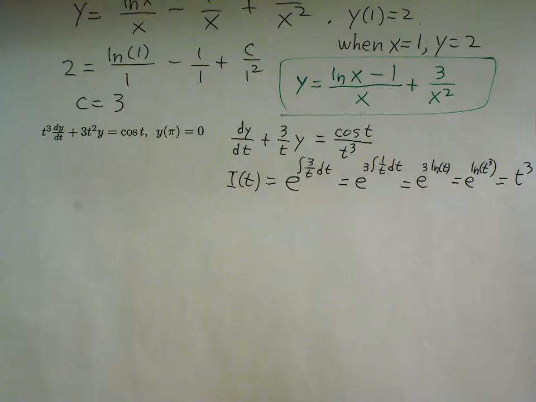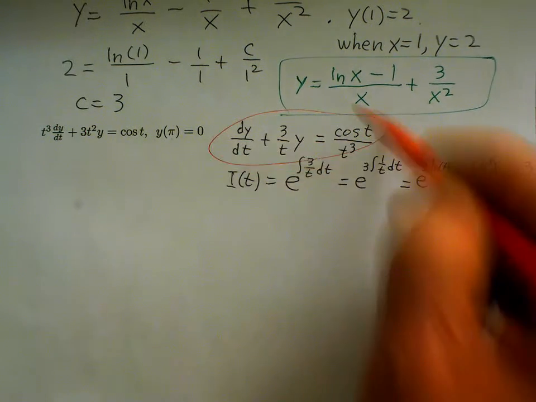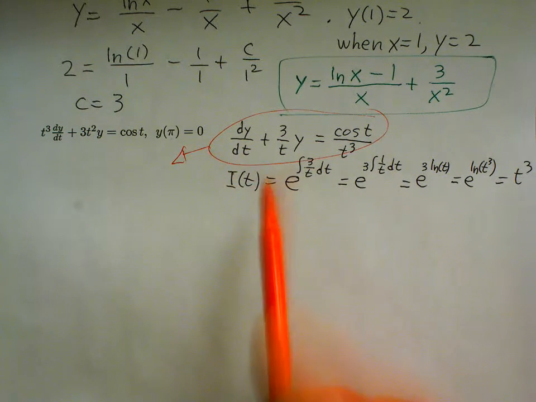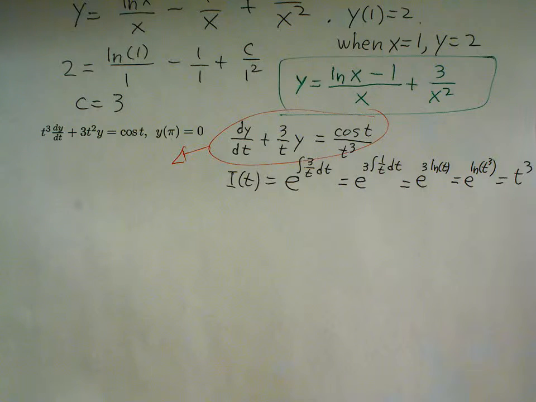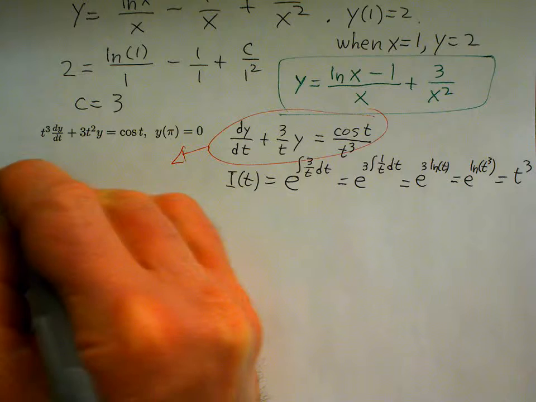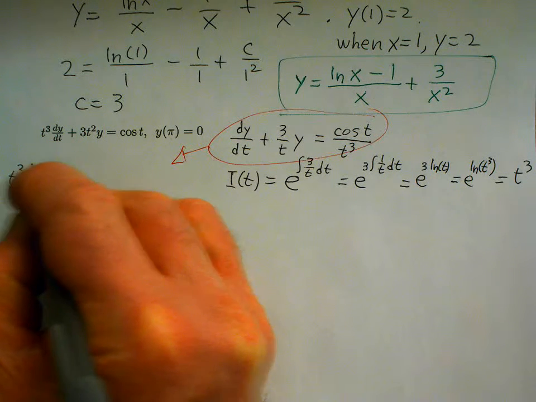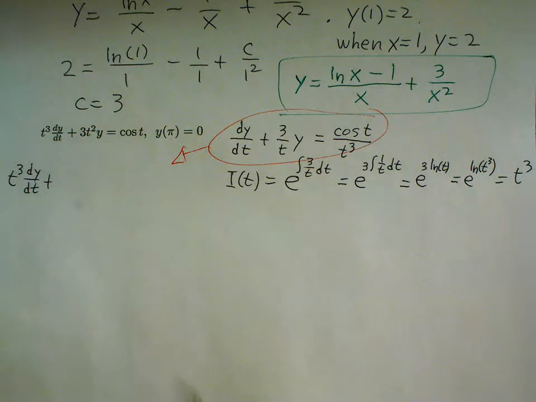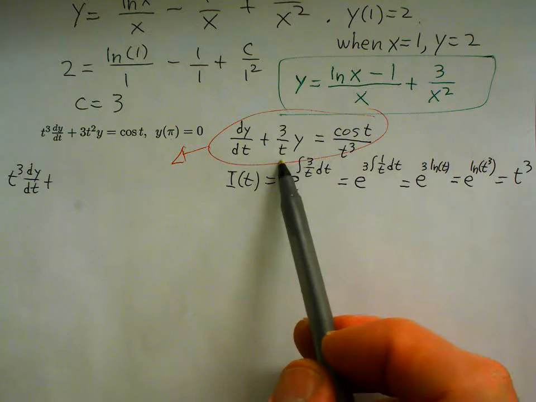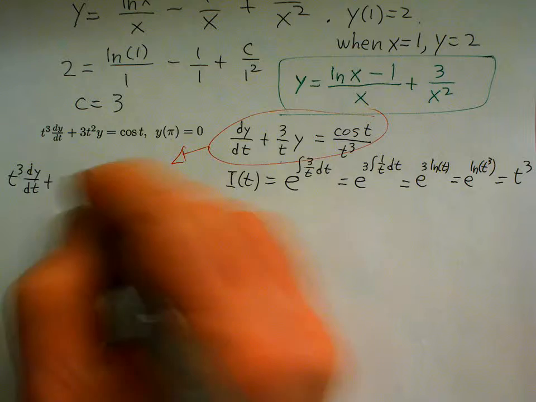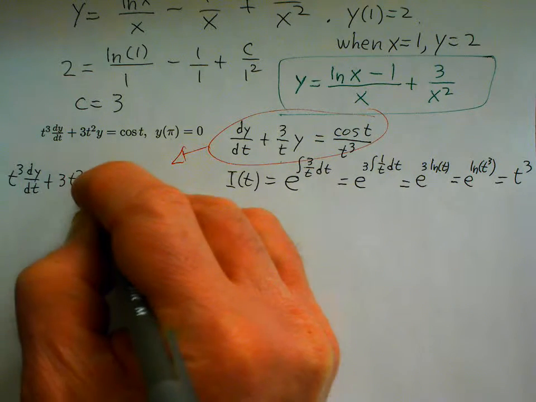Okay, so now we multiply every term on both sides of this equation by t to the third. And we get t to the third times dy dt, and then t to the third times 3 over t is 3t to the second, and then times y.